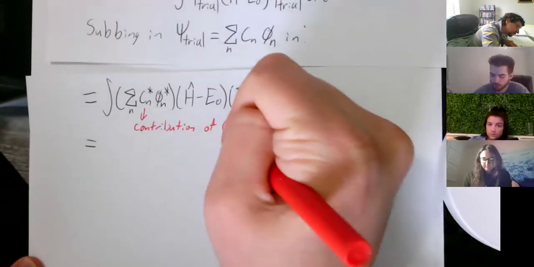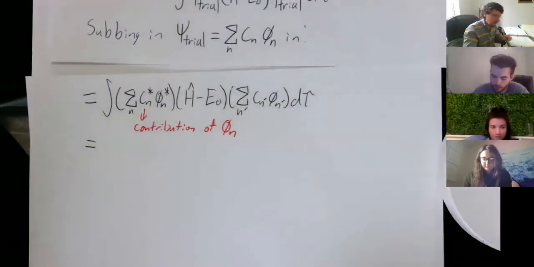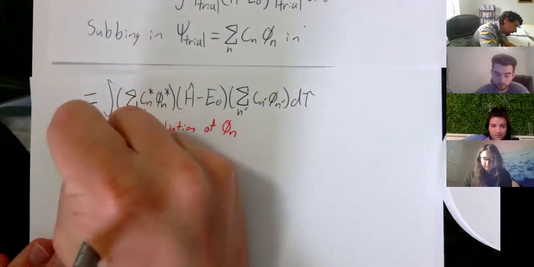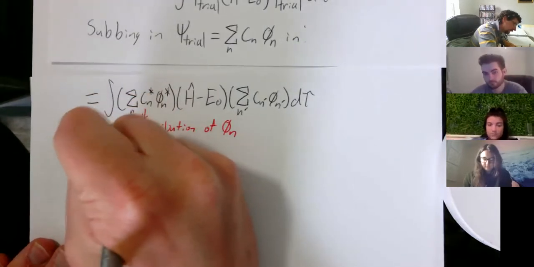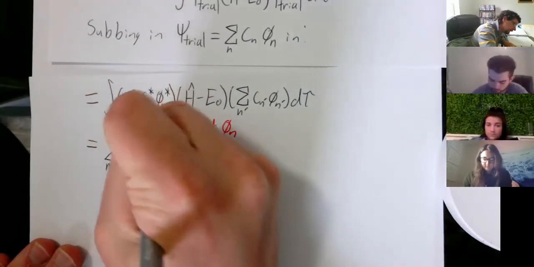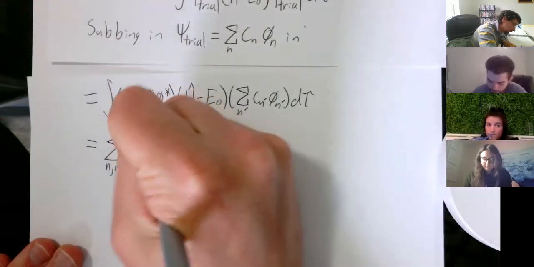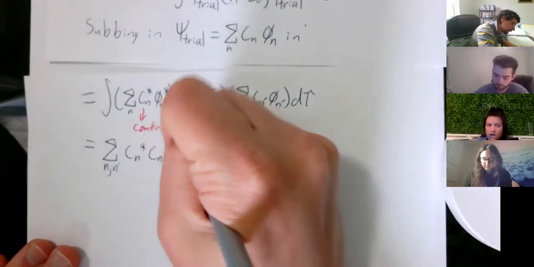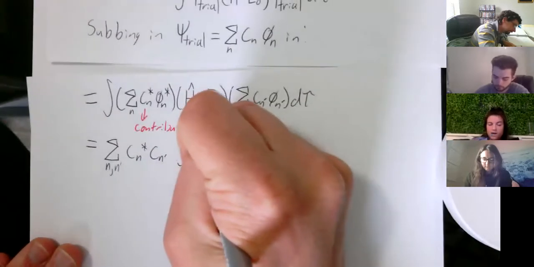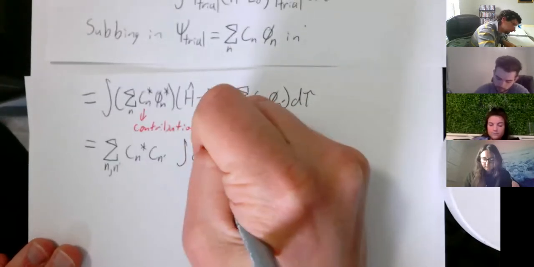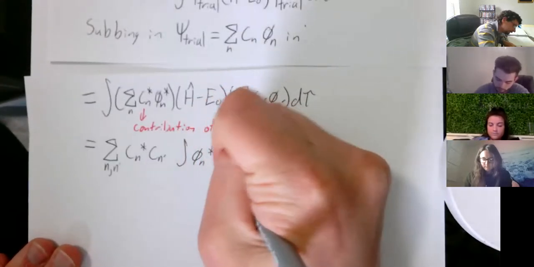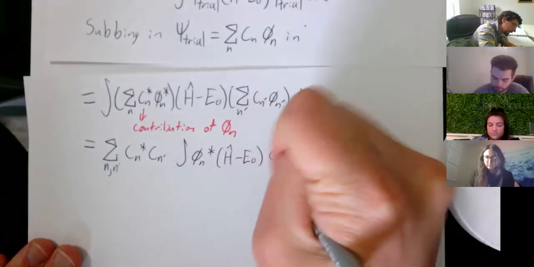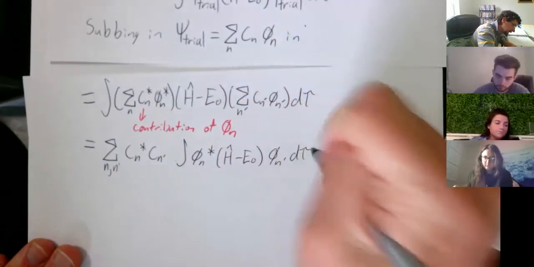So let's pull out the C's for each of them. They're still going to need a summation with them. We're going to have n, n prime, Cn star, Cn prime. And then we got this other junk: E naught, d tau.